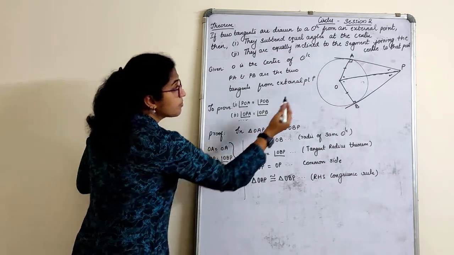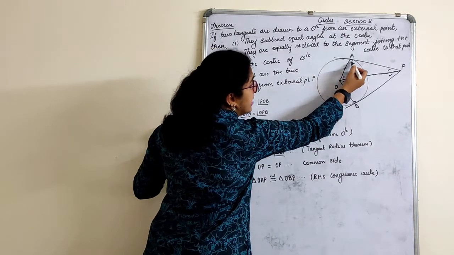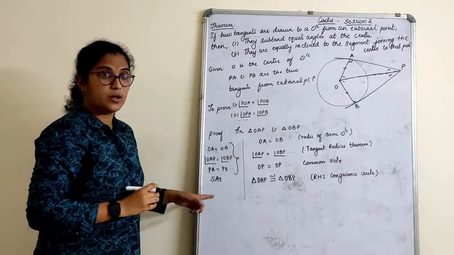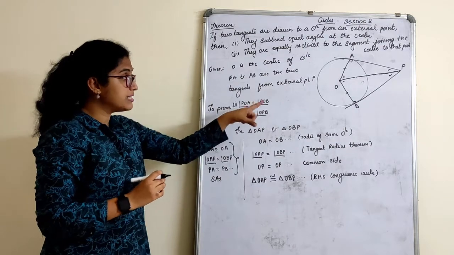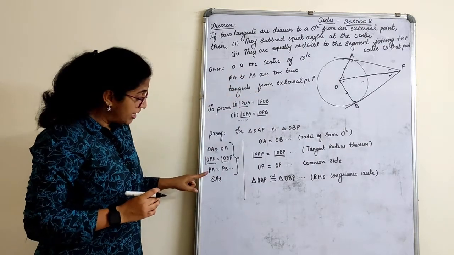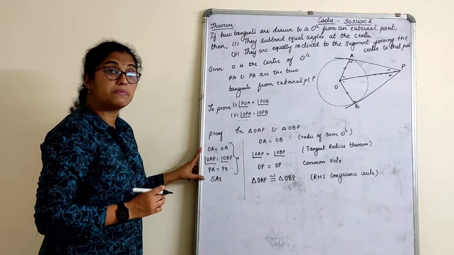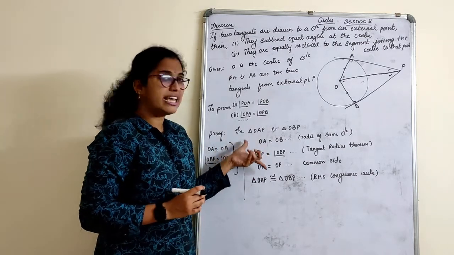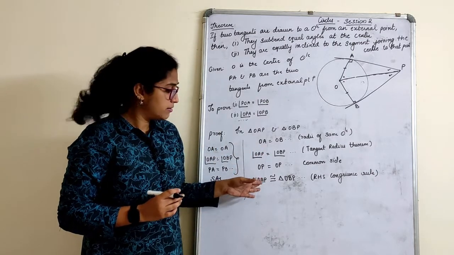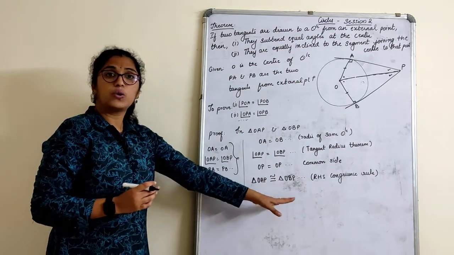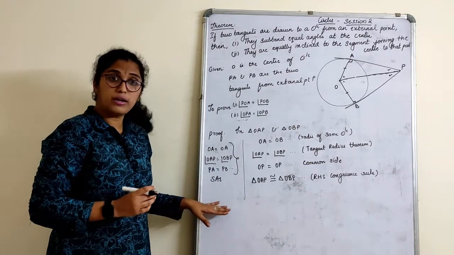This became SAS. That means I can prove this second theorem if I use PA equal to PB, and only then can I prove this by SAS. If not, the same thing as I had done earlier, it is done by RHS. This part is left to you. You can either do it like this or like this.